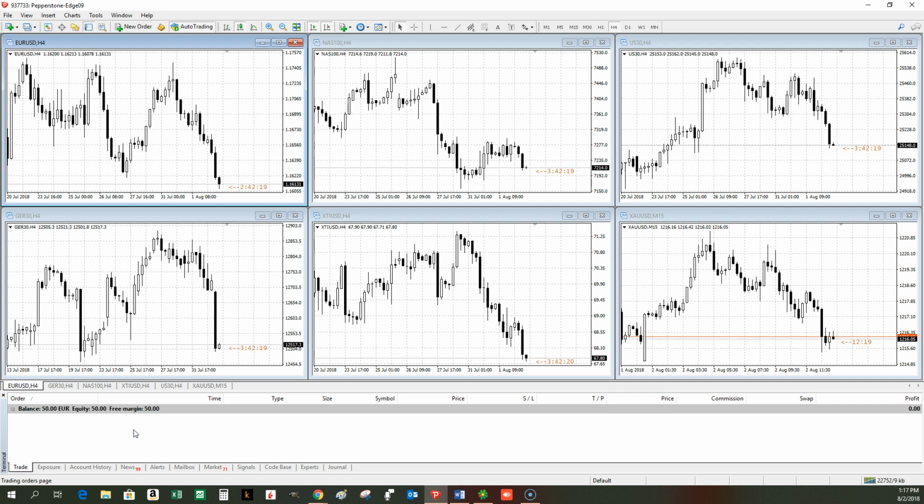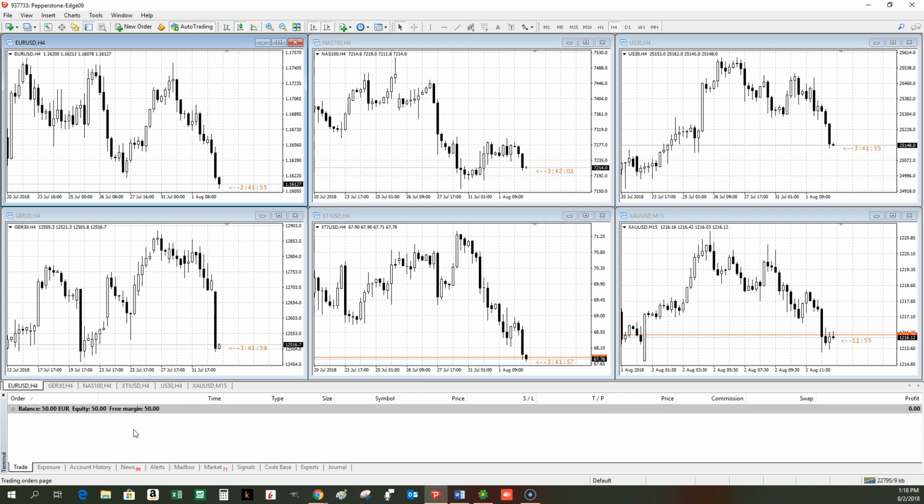Every day you can make $1, $2, but not much more than that. If you are trading and scalping the whole day, probably you can make $10, but not more than that. But for people who don't have money, it's okay.